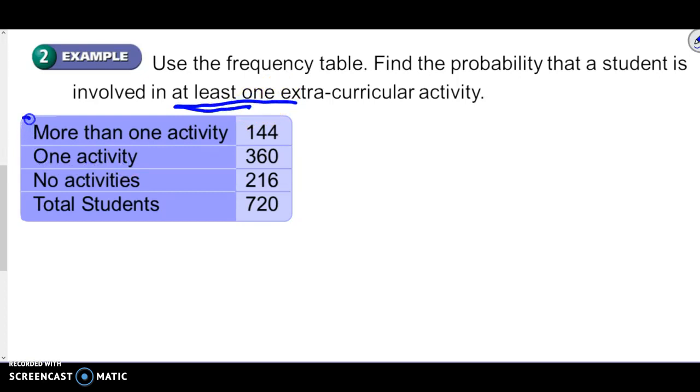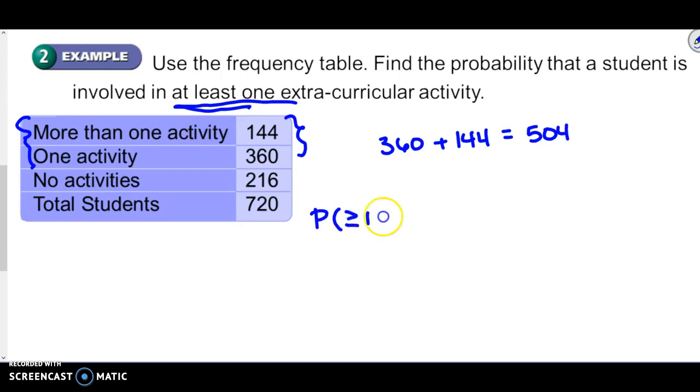So that's going to be these 2 here. So we're going to add these 2 together. We have 360 plus 144 gives us 504. So the probability of greater than or equal to 1 activity is going to be 504 over the total possible, which in this case is 720.